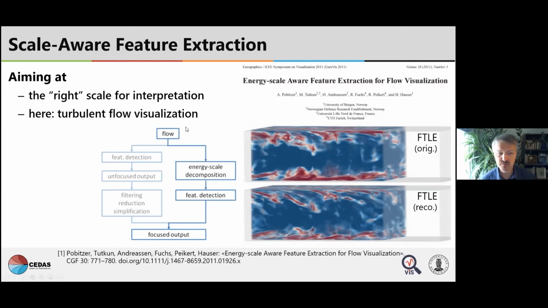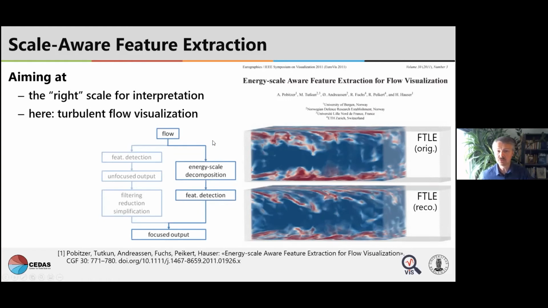So instead of a pipeline that does feature detection on the smallest scale, the scale of the data, so to say, and later makes an effort to maybe thin out the set of features in order to make the result manageable, you could try to work on the right energy scale upfront and do the feature detection on the right scale.